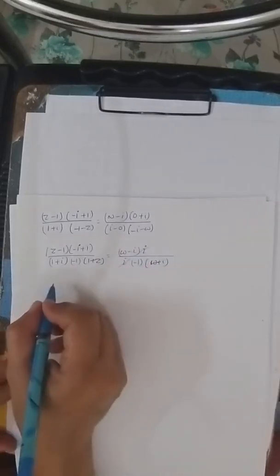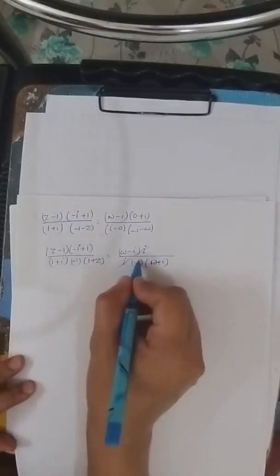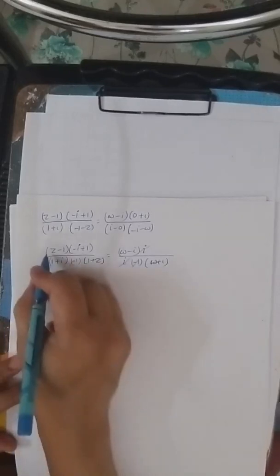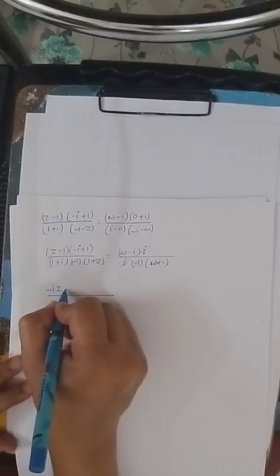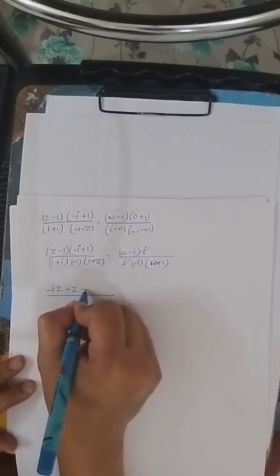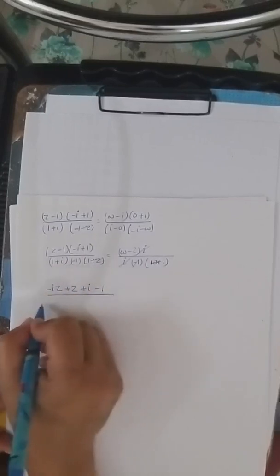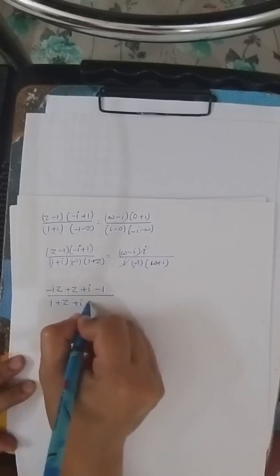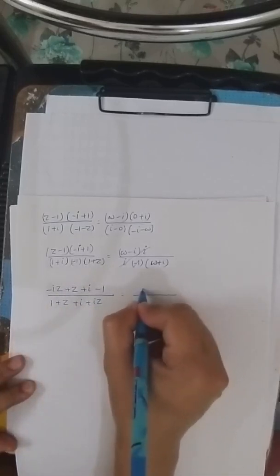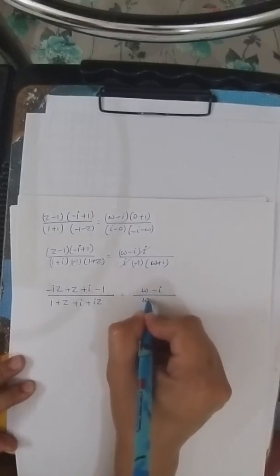Iota cancels, and this negative sign is also cancelled out. Now opening the brackets, minus iota z plus z plus iota minus 1 over 1 plus z plus iota z equal to w minus iota over w plus iota.